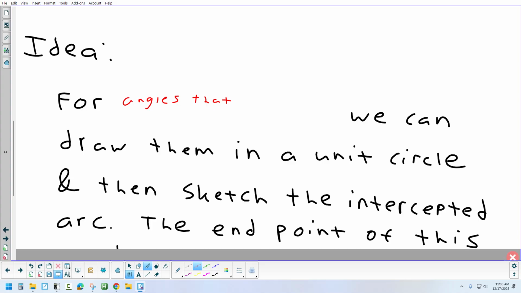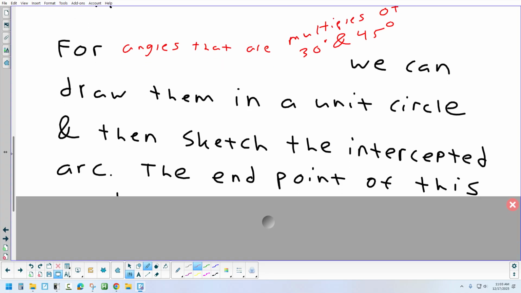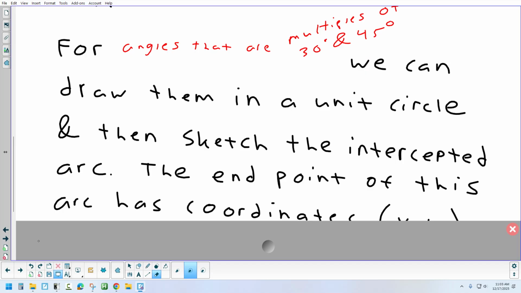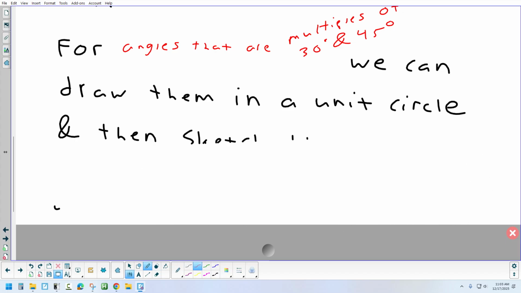So for angles that are multiples of 30 and 45, we can draw them in a unit circle and then determine the coordinate.